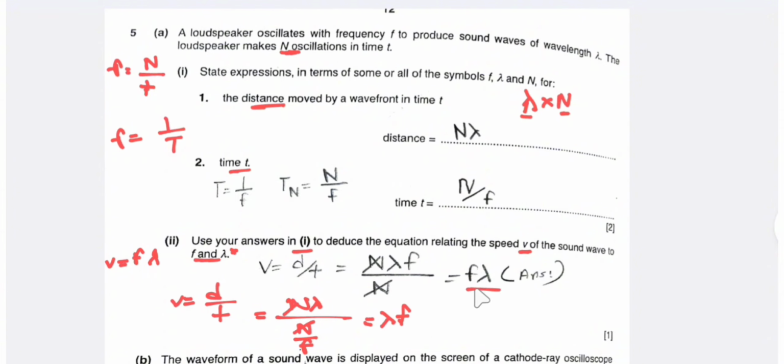Since it is divided, f comes above, so n and n cancel and the final equation becomes lambda f. So we relate v in terms of f and lambda.